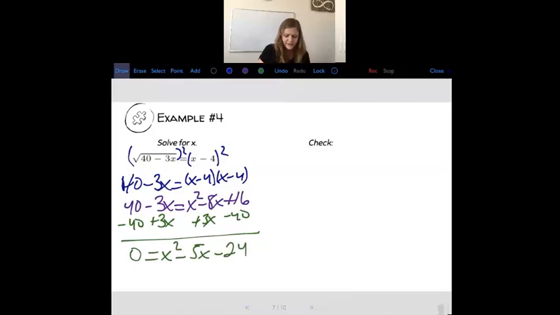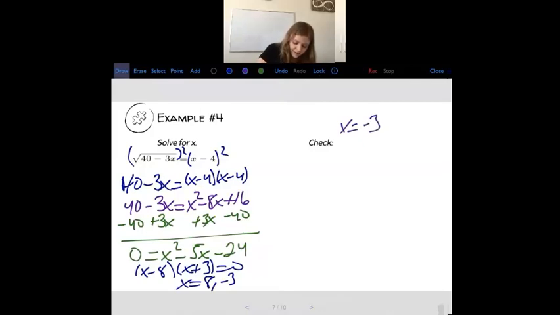Okay, and then whatever method you use, I'm going to solve this by factoring. So that would leave me with x minus 8, x plus 3 equal to 0 to get x is 8 and negative 3. Okay. So with this problem, I don't have enough room to check both answers, but let me show you what happens with negative 3.